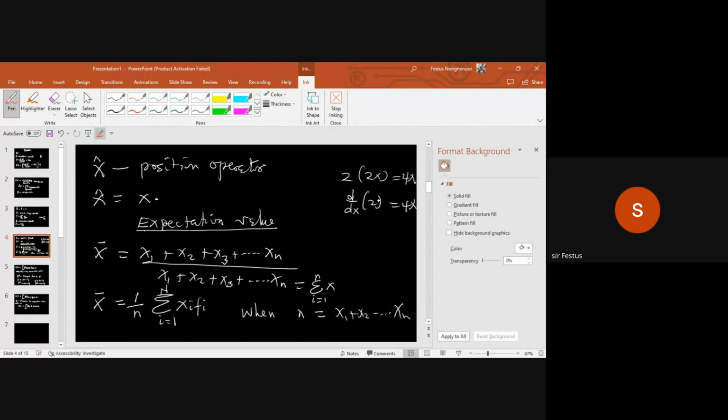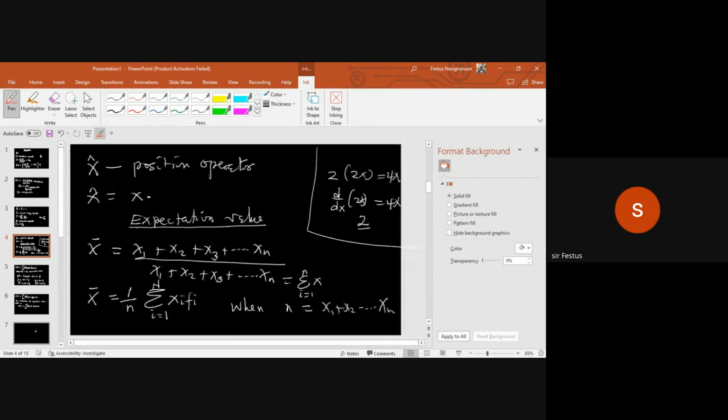But 2x, you operate on 2x, this will give you 2, but not 4x again. So that's why you should know how to express your operators, or which variable is an operator and which one is just a normal multiplier or a scalar. Don't do that.